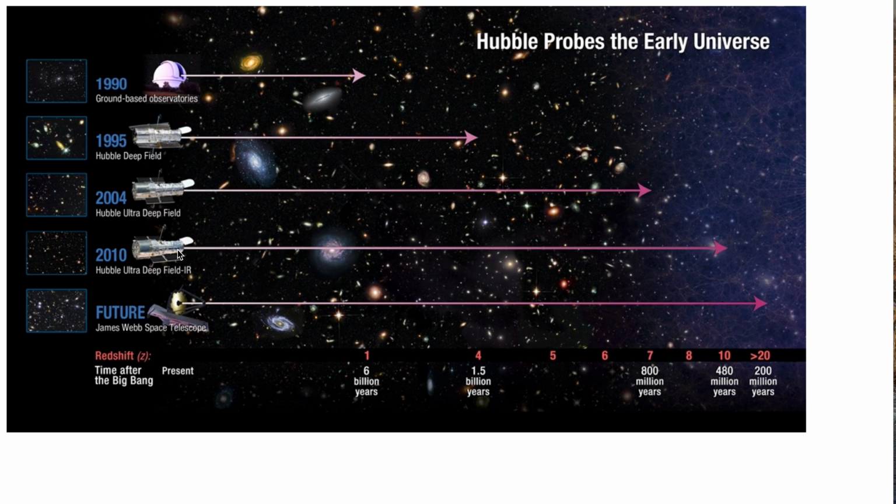The deep field photo I showed at the beginning of this video looks way back here. It's not efficient for the Hubble telescope to look way back because, as I said, it takes thousands and thousands of hours of staring at one spot. And there's lots of things that astronomers want to look at. There's a major competition for time with the Hubble telescope. And so there are not a lot of opportunities to look this far back, but it can be done.